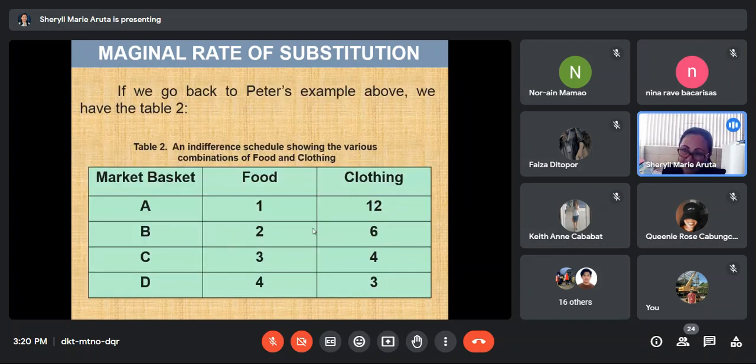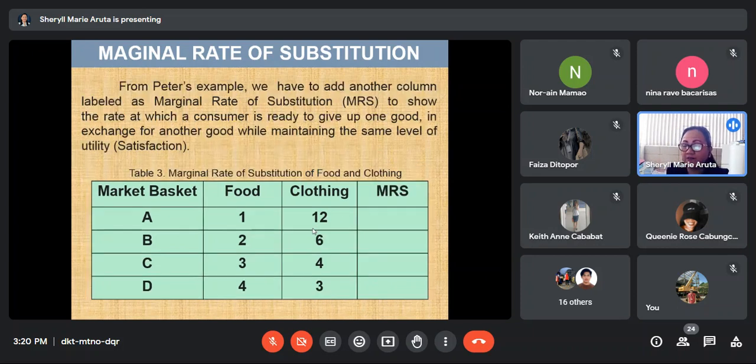Okay, so that is why here, if we go back to Peter's example, the market baskets A, B, C, D, we have food 1, 2, 3, 4, because that additional unit of food is due to the number of units that Peter is willing to give up from clothing. To get the marginal rate of substitution, we extend another column and label it MRS. Meaning, we show the rate at which Peter is ready to give up one good in exchange for another good.